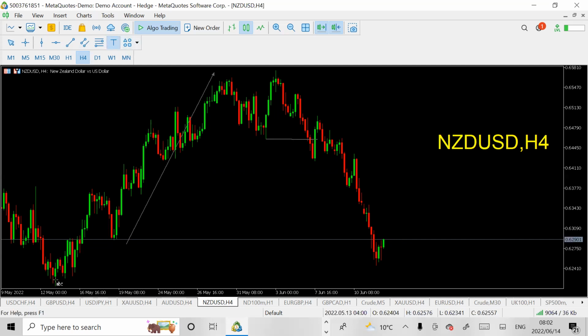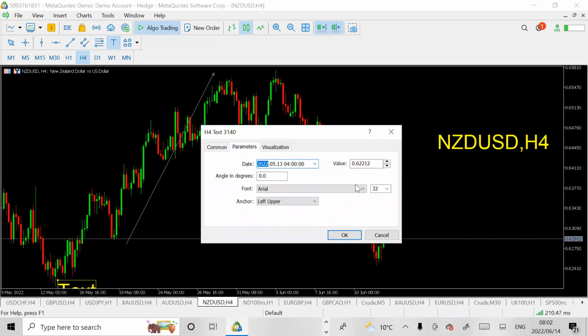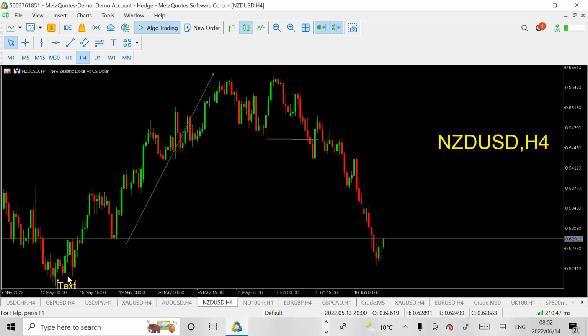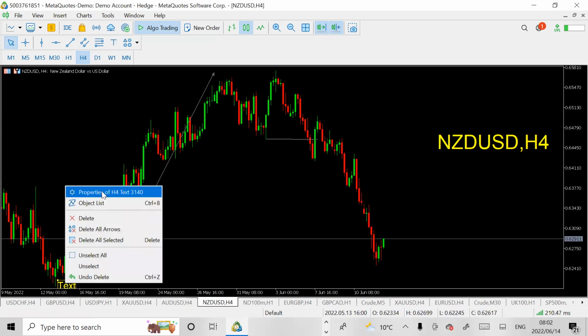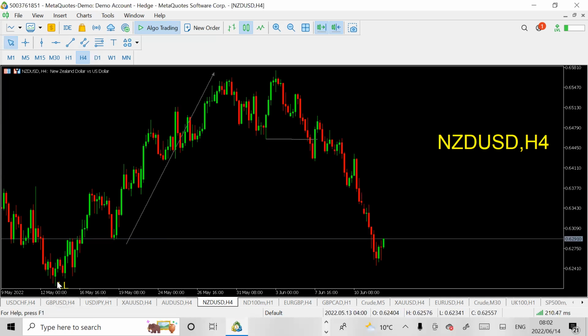Okay, so we're starting from here. This is the lower low. We're starting here because it was bearish before it turned bullish. That's why I'm marking this lower low.